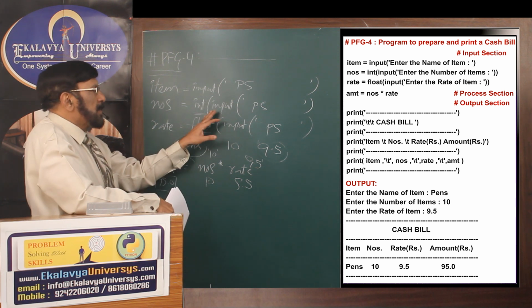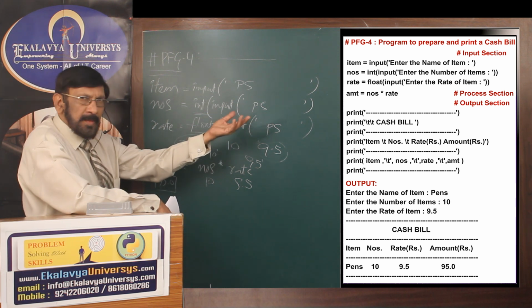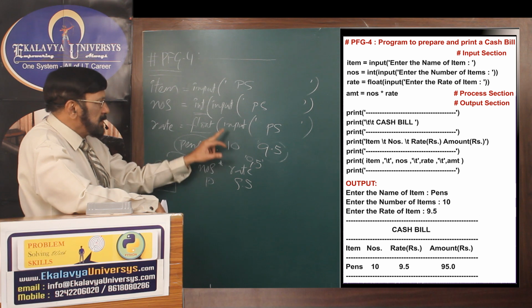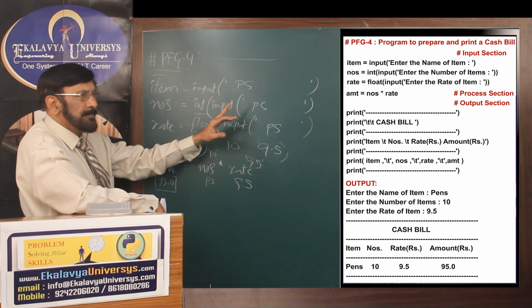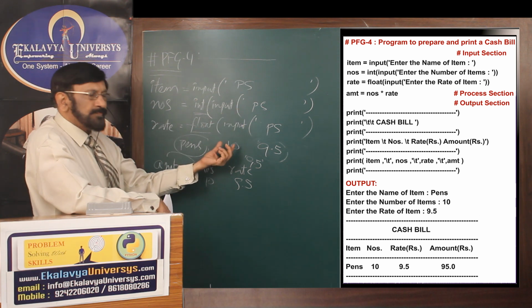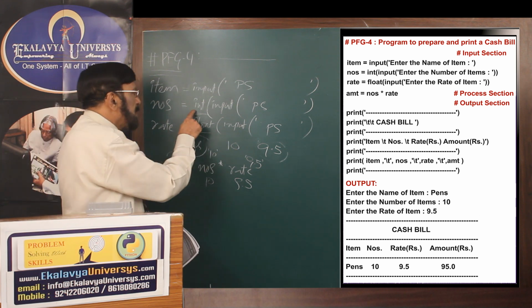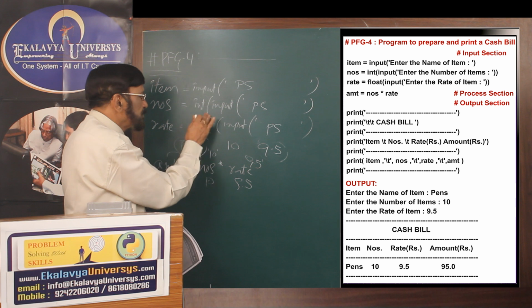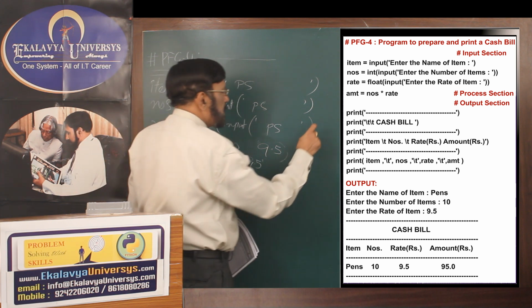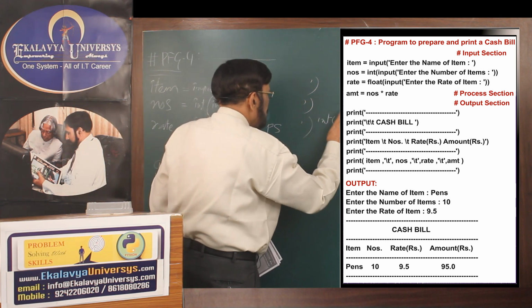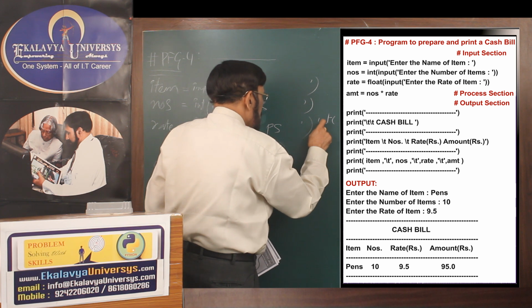In order to convert a string value into an int value, we have to write the input function inside the int function. Already explained to you, this is the int function, this is the float function.